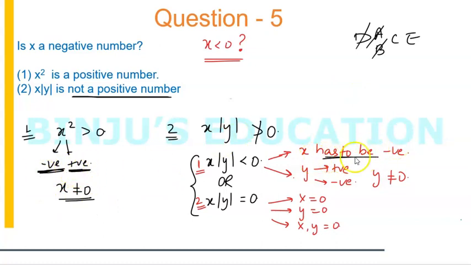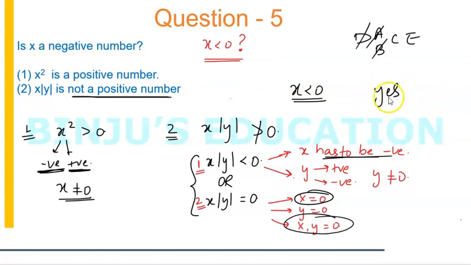Here we have x is negative or x is 0. So the common part is when they are negative. So when you combine both of them, then the common conclusion regarding x is that x is less than 0. So is x a negative number? So your answer is yes. X is a negative number, or basically you have a conclusive answer, which means your answer is again option number C.